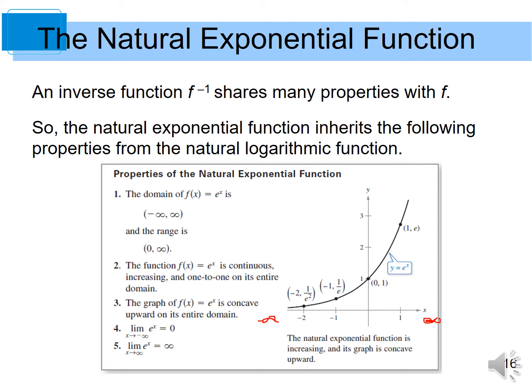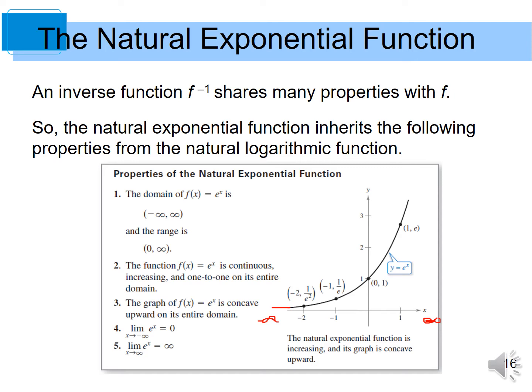When the curve continues towards the left, the limit of e to the x as x tends to negative infinity will equal 0, meaning that the curve will get closer to 0, y equal to 0.